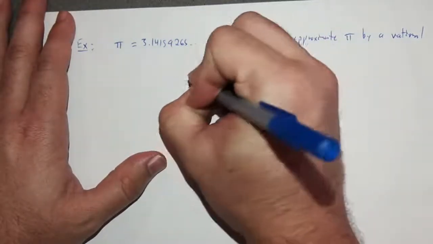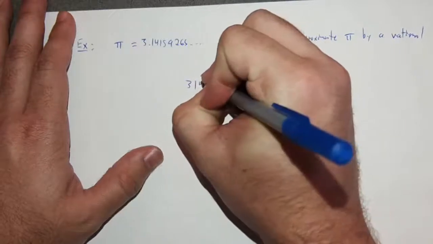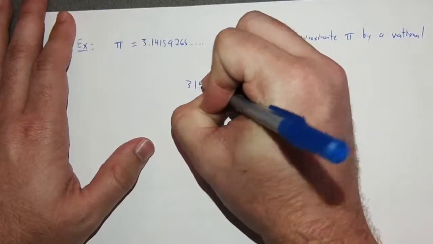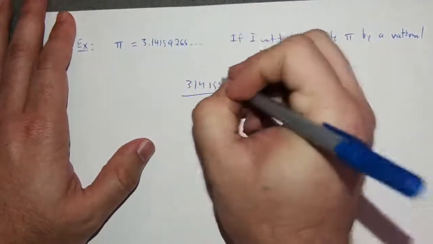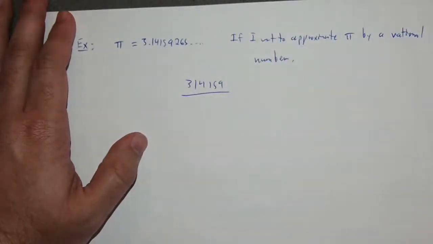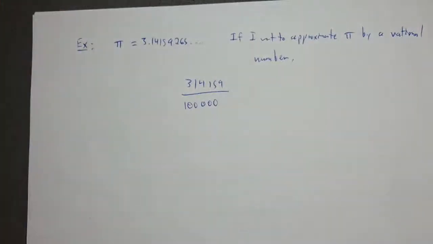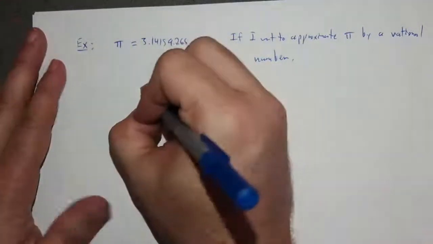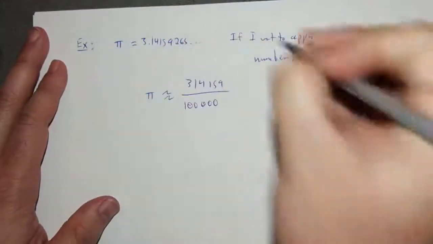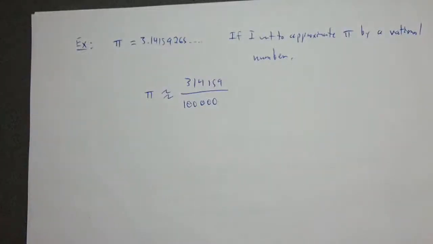So what I could do is say 314,159 over, say, 100,000, right? That's one way of doing it. So pi is approximately this. If I'm okay with it agreeing to like 6 decimal places or something, that's fine.